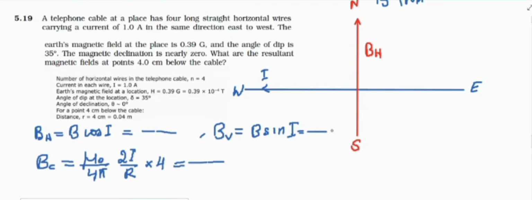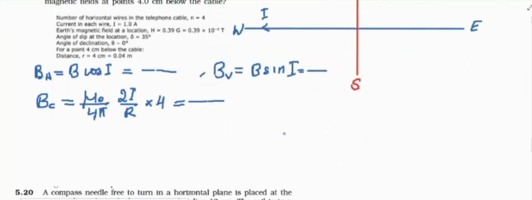And below the cable, as already mentioned, BC and BH are in the opposite direction. So find the value of the resultant BH, which we can take as BH dash. BH dash is equal to BH minus BC, because again, below the cable, BH and BC are in the opposite direction. So here you get the value of BH dash.